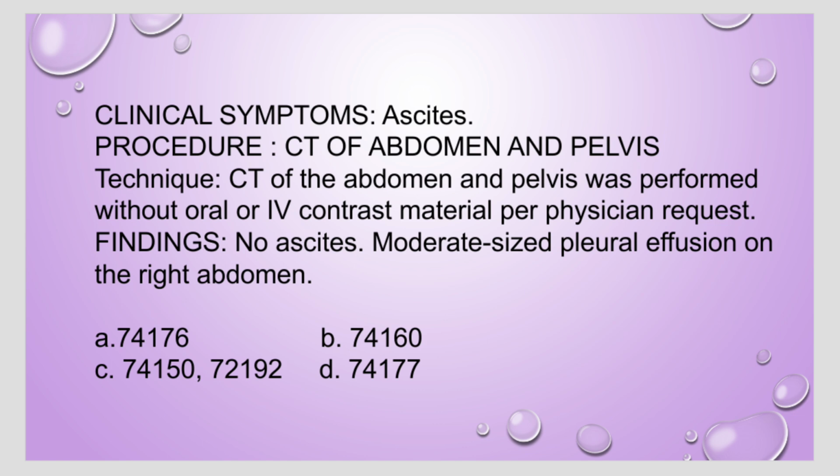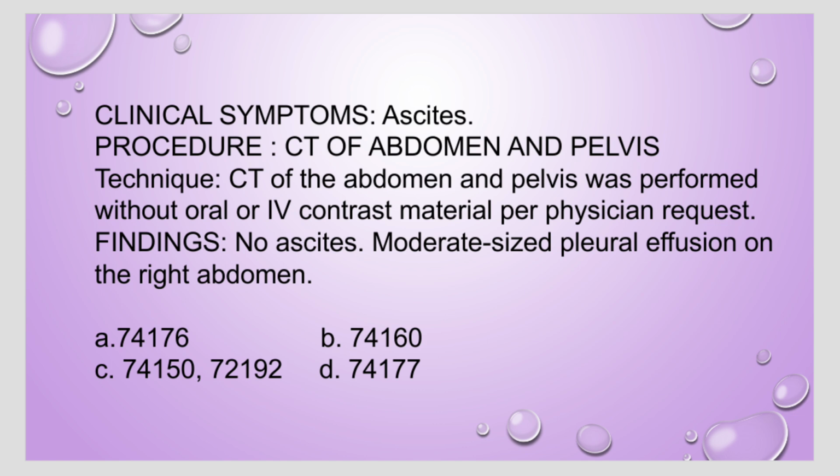So we have to check the description of the procedure codes. So let's check the options one by one. Option A 74176. It is for computer tomography, abdomen and pelvis without contrast materials. So in our question also we are having the same. So let's keep this option.